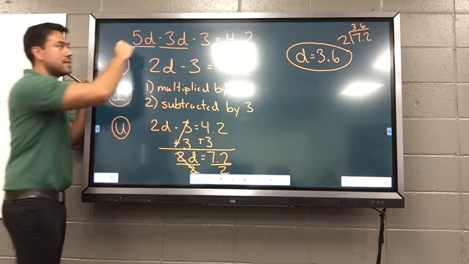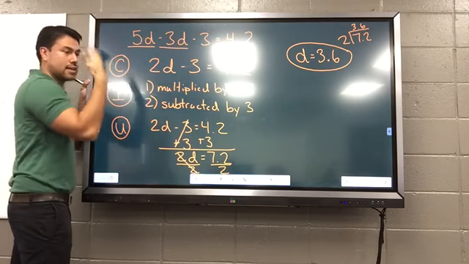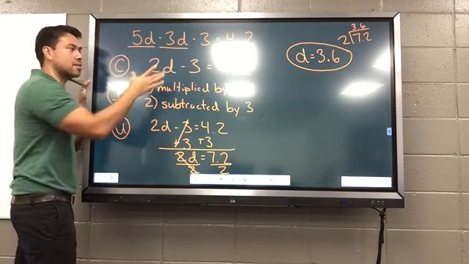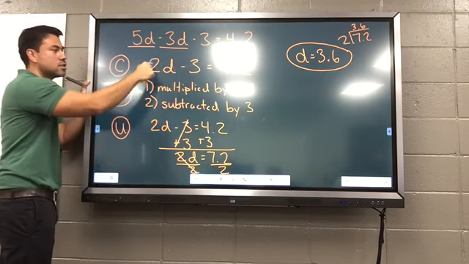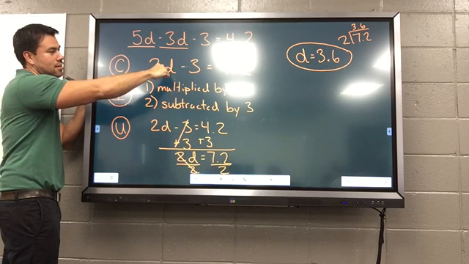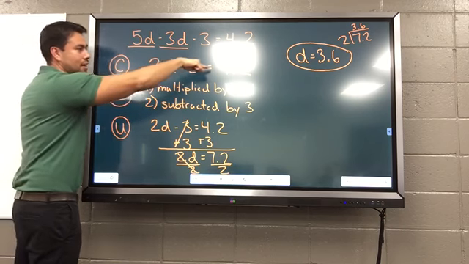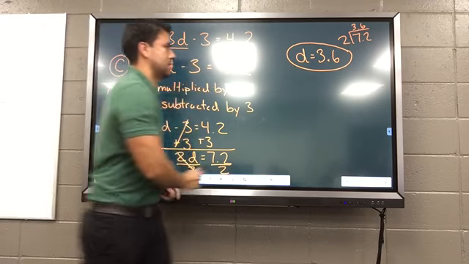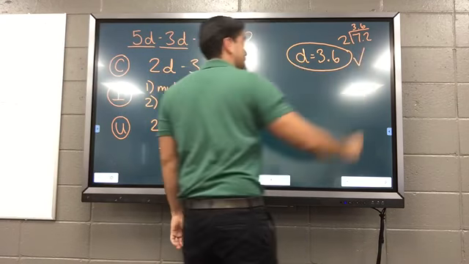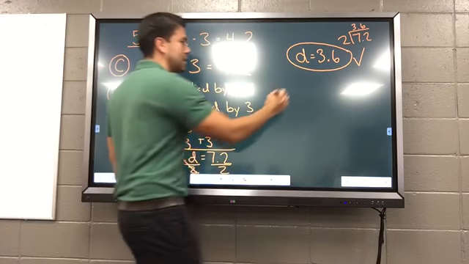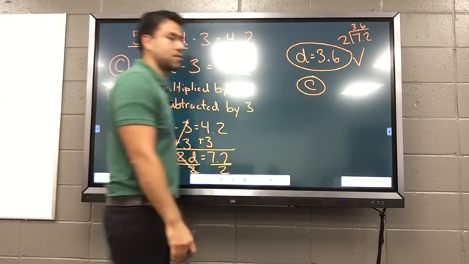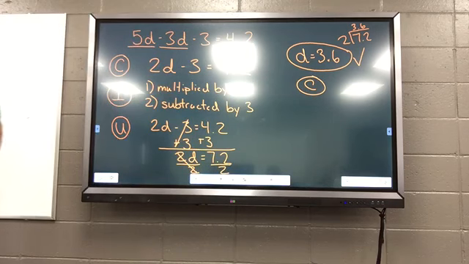Because it made this more convoluted or more complex into a simple equation. All right, what's 2 times 3.6? 7.2. What's 7.2 minus 3? 4.2. Checks. That's your last step. That's your C step, your check, the second C.